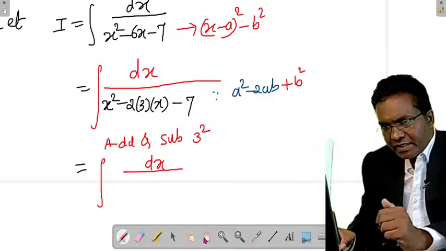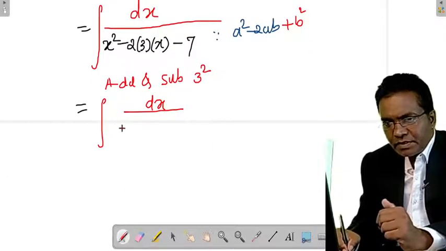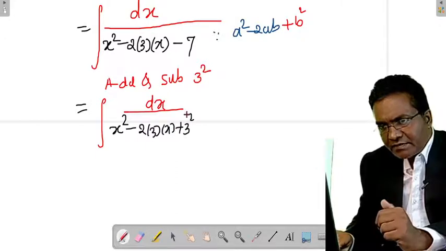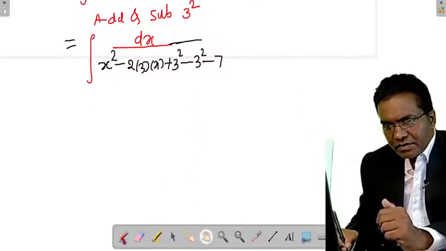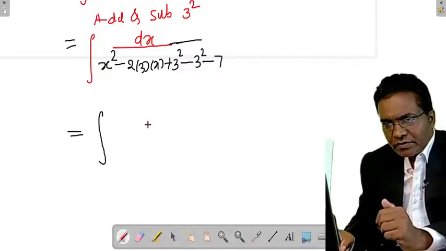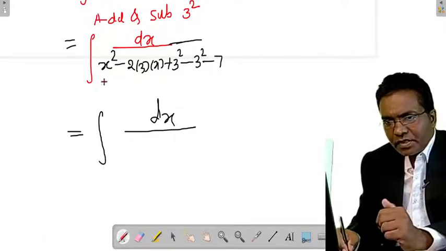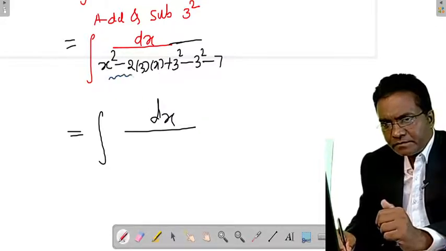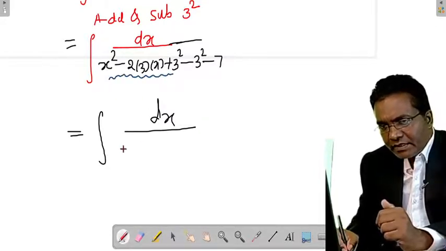So dx divided by x square minus 2 into 3 into x plus 3 square minus 3 square, and this minus 7 as it is. Okay, so this is nothing but a square minus 2ab plus b square from here to here. This is your x minus 3 whole square.